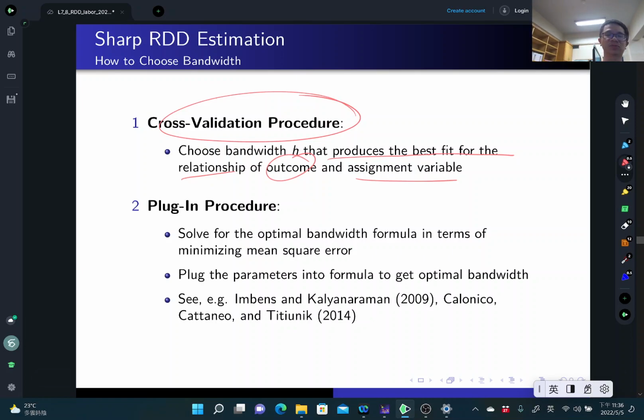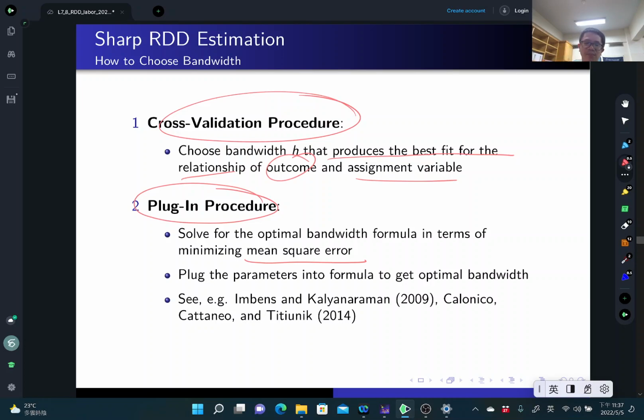Another approach does not use the data. It is based on a formula, the so-called plug-in procedure. Some econometricians and statisticians, because the bandwidth is trying to balance bias and precision, derived the optimal bandwidth that minimizes the mean square error, and they derived a formula. You need to plug some parameters into this formula, and it directly gives you the optimal bandwidth.